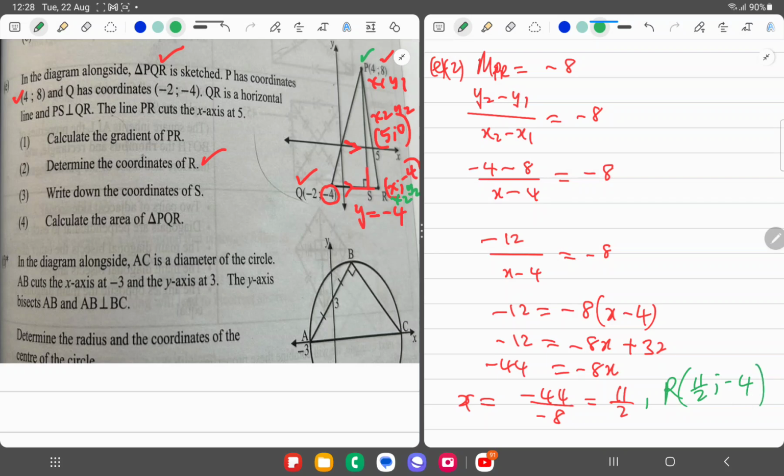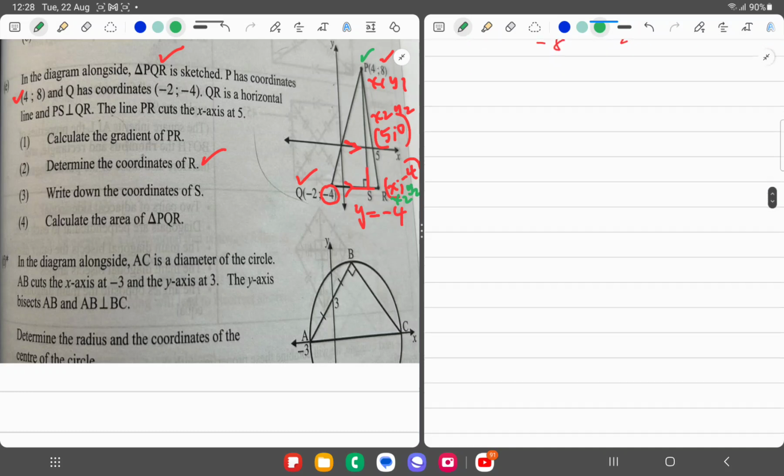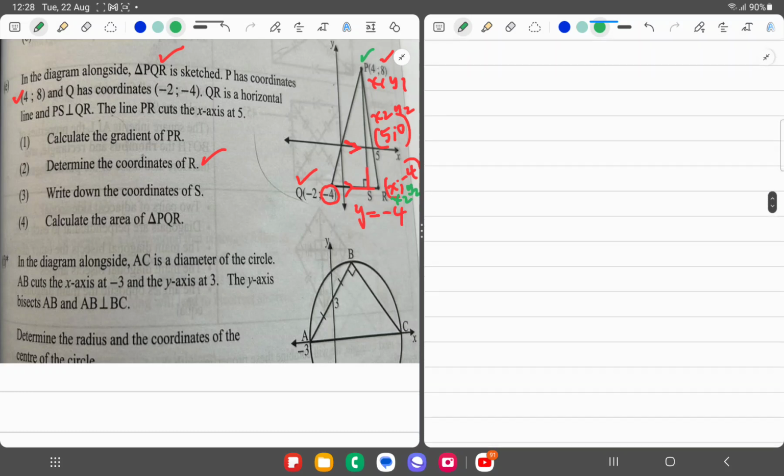Now we want to write down the coordinates of the point S. Next we look at E part 3 and solve that. The coordinates of the point S can be easily found by inspection. Because the point S is on the line whose equation is y equals minus 4, the y coordinate of S is minus 4.